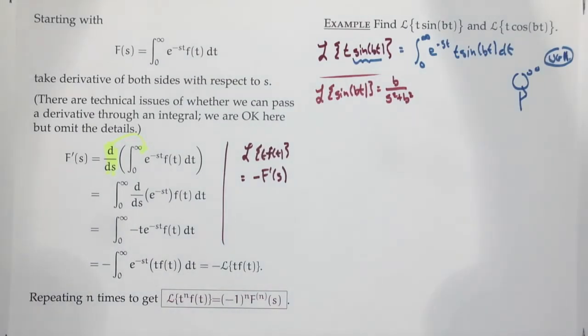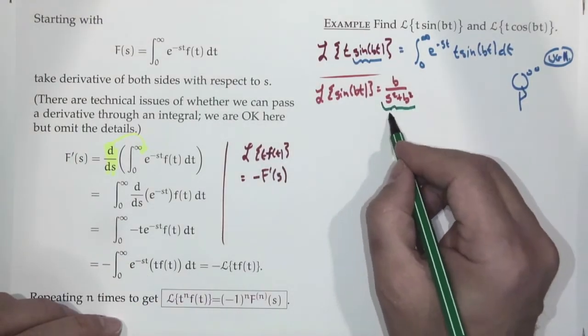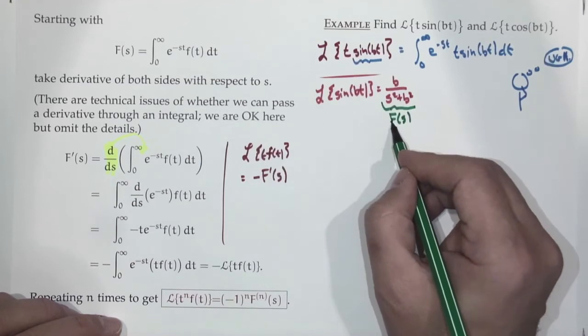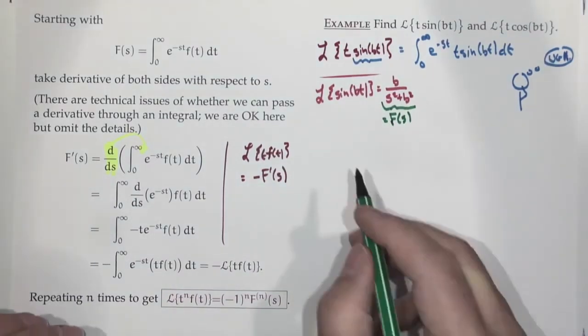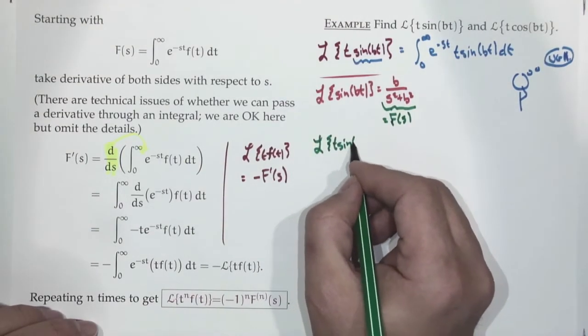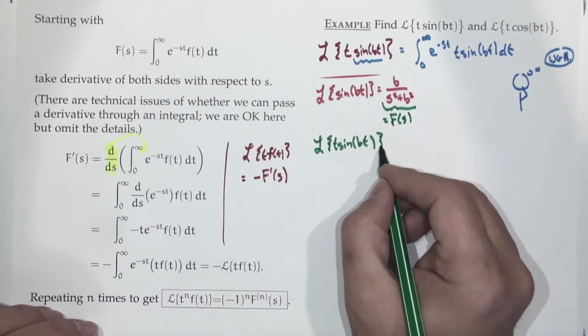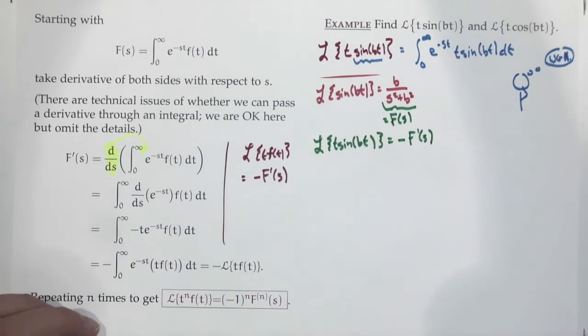Okay, well, this right here is our F of s. So when we take the Laplace transform of t sine of bt, that's going to be equal to minus F prime of s. And we already know what F of s is.